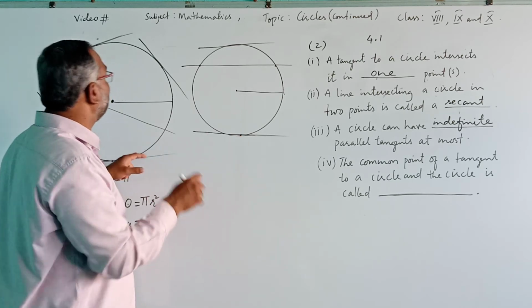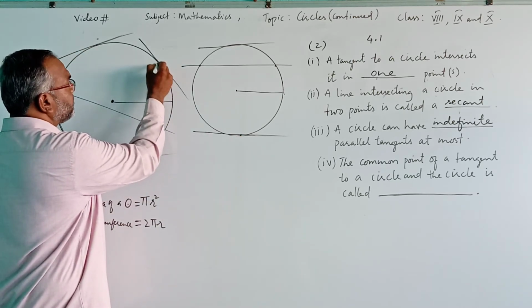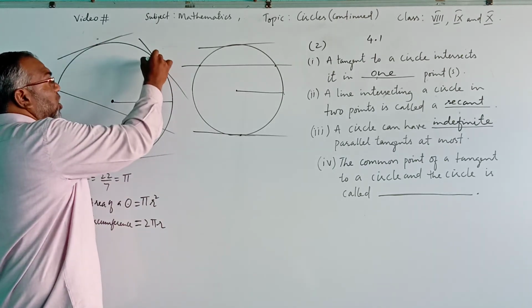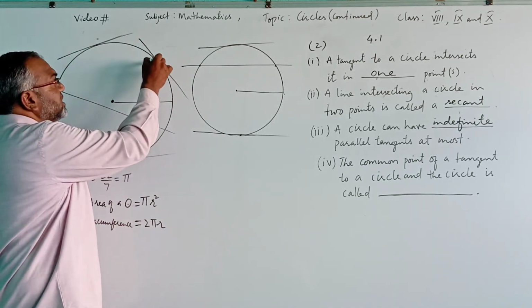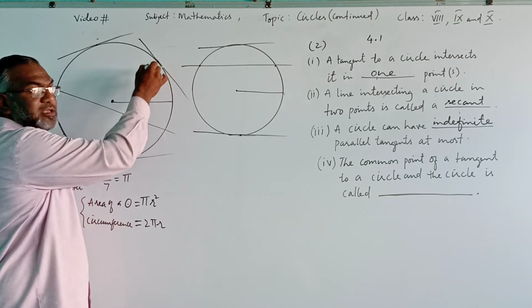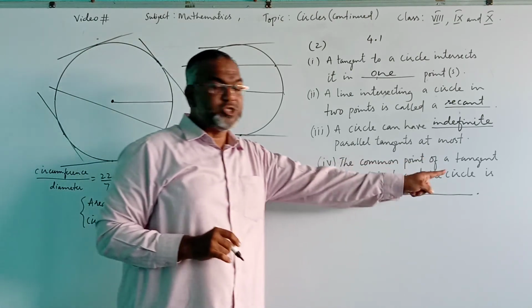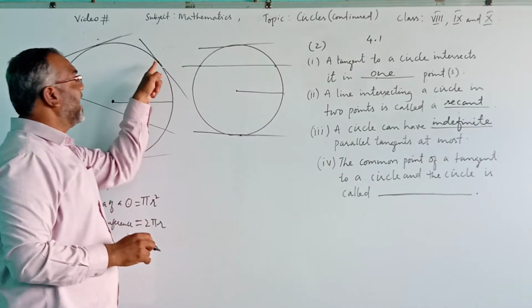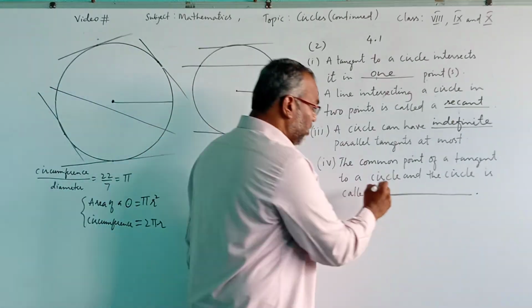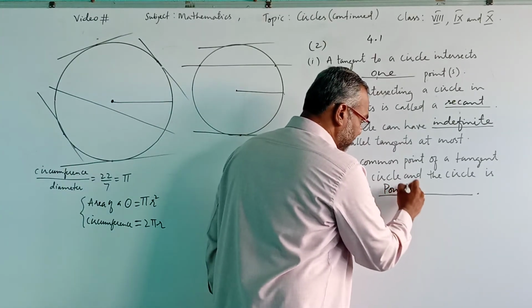That's why it is called common. Not here. Here. There is a common point. This point is of the line as well as of the circle. So the common point of tangent and circle is called point of contact. Point of contact.